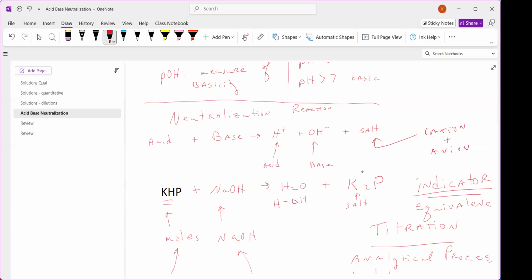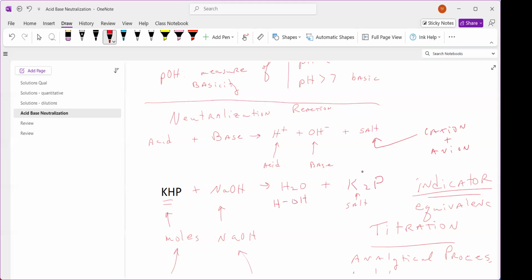Now this is a classic neutralization reaction. I have taught this lab at least 100 times, if not more. It's done in every single chemistry class, inorganic chemistry class. It's just classic.